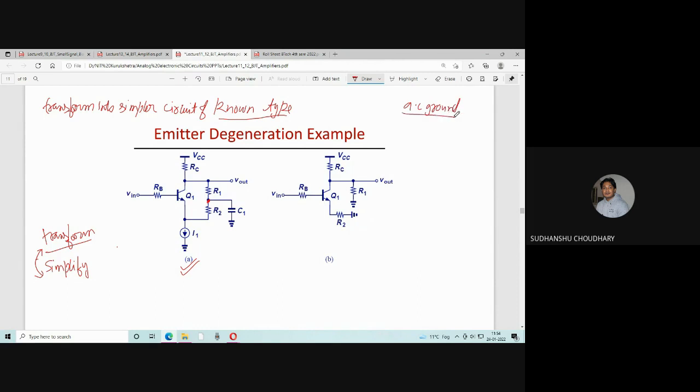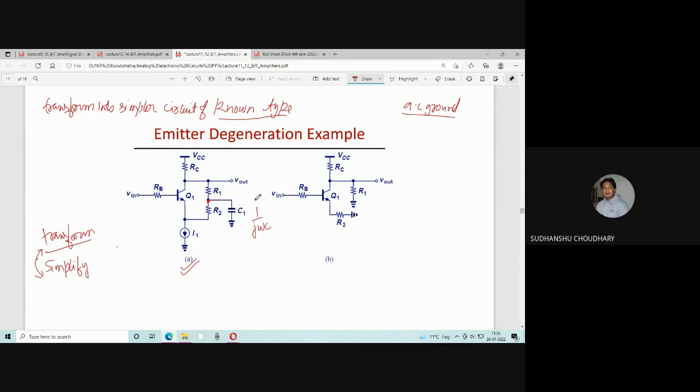I discussed what is AC ground. That is, at high frequency, this capacitor acts as a short circuit, right? The impedance of this would be 1 by j omega c. So at high frequency, this capacitor will act as a short circuit.